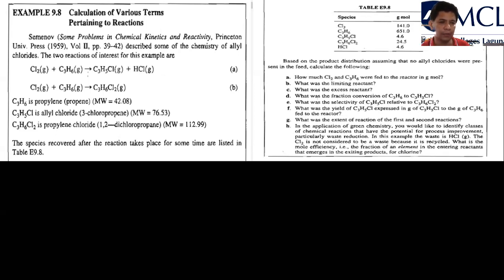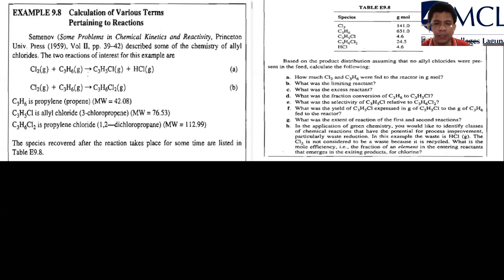This is used as raw material for several pharmaceutical products, plus hydrochloric acid, plus hydrogen chloride gas. And then the unwanted reaction is chlorine gas plus propylene, or propene, producing propylene chloride. The species recovered after the reaction takes place for some time are listed in table E 9.8.